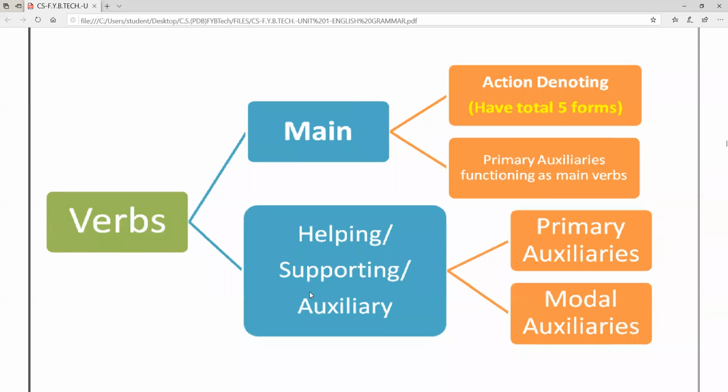We can easily identify or easily understand the verbs by this chart. Okay, so write down this chart in your notebook.